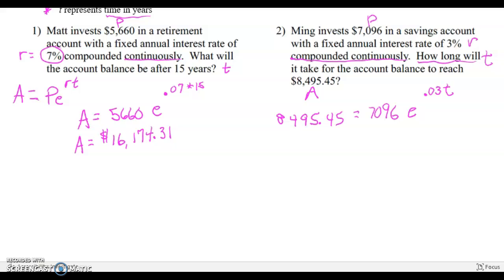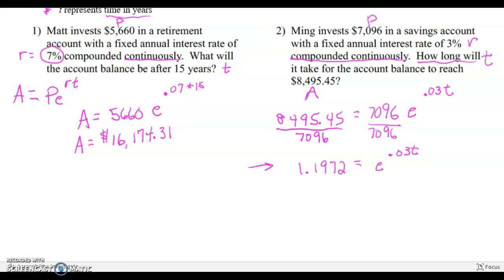In this problem, notice that we're multiplying by 7,096, so let's divide by 7,096 on both sides. Time out. And after dividing, I get 1.1972 equals e to the 0.03t power.